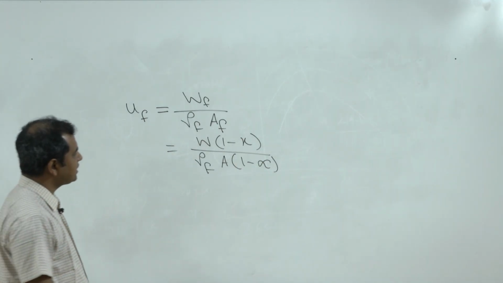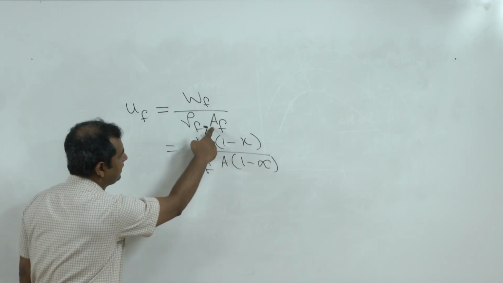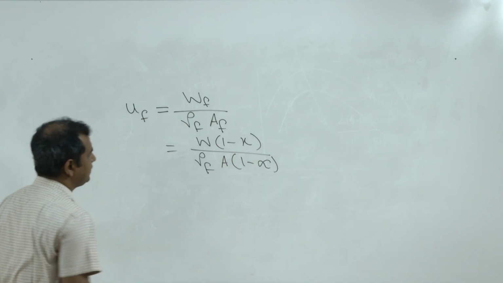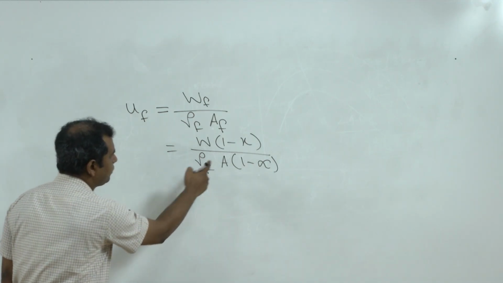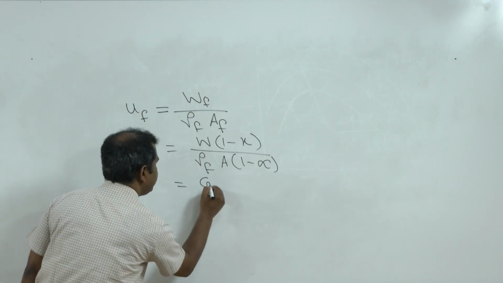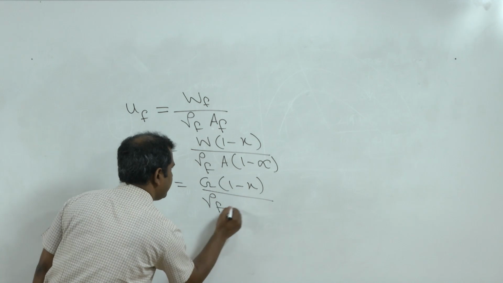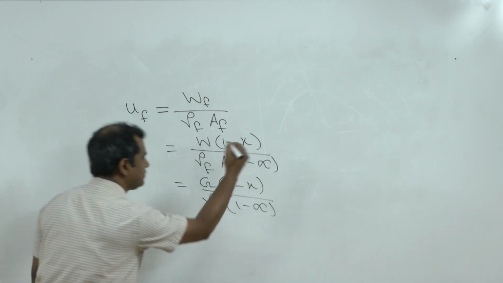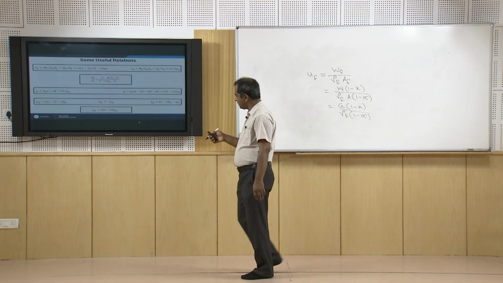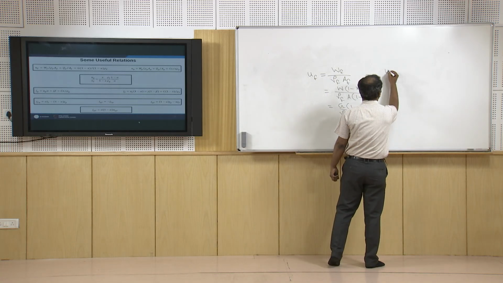These two definitions we have already shown: Wf will be W into 1 minus x, similarly Af will be A into 1 minus alpha. Now, here W by A we can write as G, which we have already shown. So, this turns out to be G into 1 minus x divided by rho f into 1 minus alpha, which I have shown you over here: G into 1 minus x divided by 1 minus alpha into rho f.